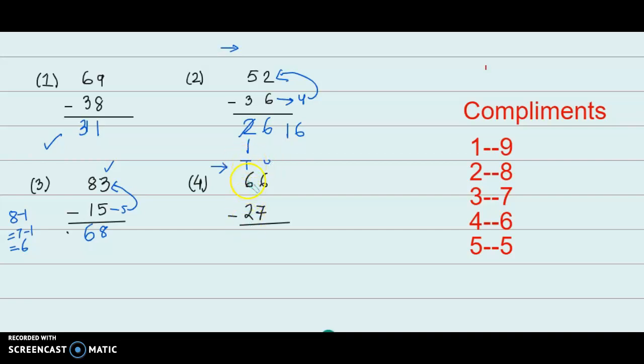If at the tens place the top number is greater and the bottom number is smaller, you can subtract directly. So 6 minus 2, 4, and subtract 1 more, that is 4 minus 1, 3.